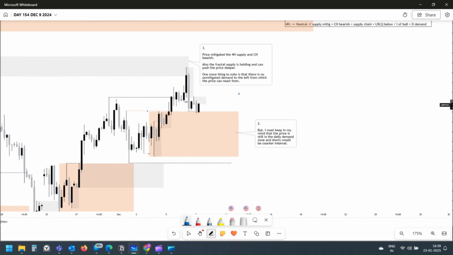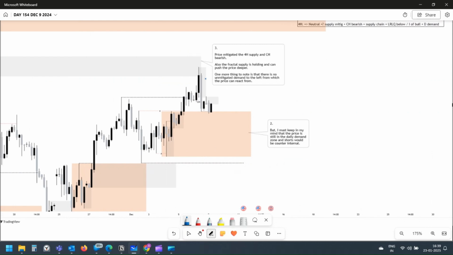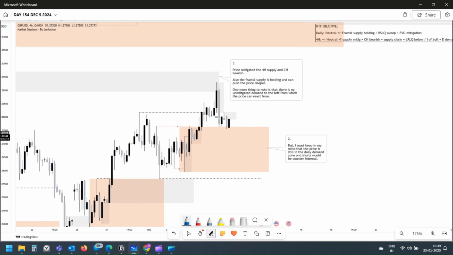Zooming in, I can see that the price had mitigated into the 4-hour supply, and it had chalked bearish, respected this supply and then pushed down. Now price, after pushing down, has pulled back again and is going to this supply. Probably this supply could be respected today, and the price can push further down, making a deeper internal pullback.